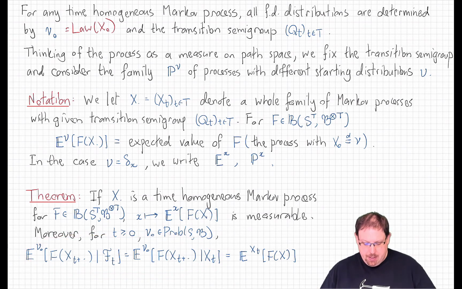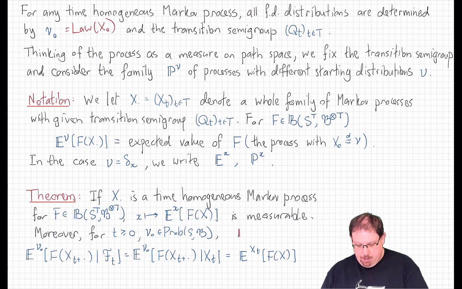But critically, that same conditional expectation can be evaluated like this. We just take the regular non-conditional expectation of the function f at the whole process, but we start it at this random starting point, xt, where the process got to at time t. So let's make that a little bit clearer.